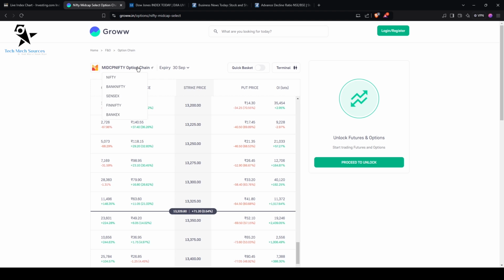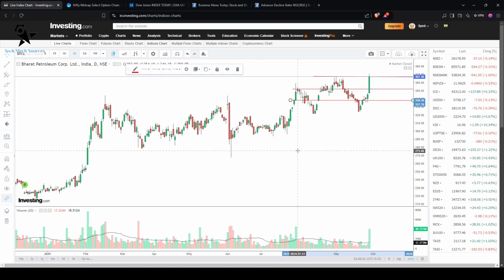Now, if we see the BPCL option chain, we have to actually look for the BPCL option chain. If we buy, for example, a BPCL 300, and we sell a 375 call for the month of October, how much is this?